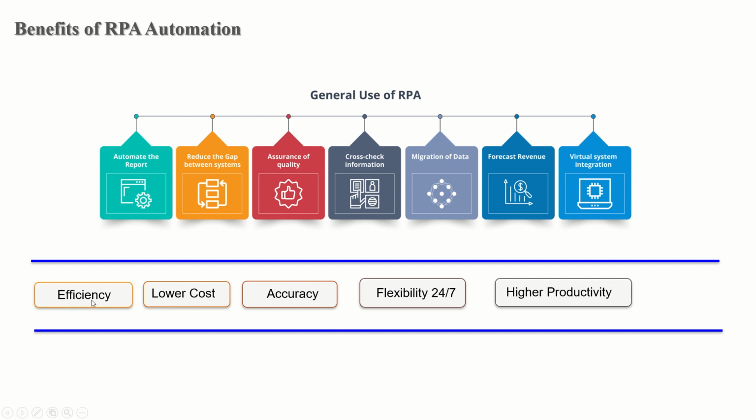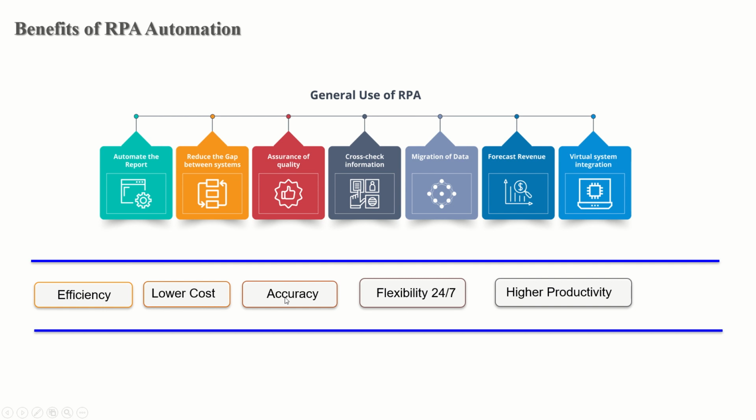So that is called efficiency. And when it comes to the cost, by automating a task previously performed by humans, RPA reduces the labor cost and allows organizations to allocate the resources more effectively. It is a lowering cost.